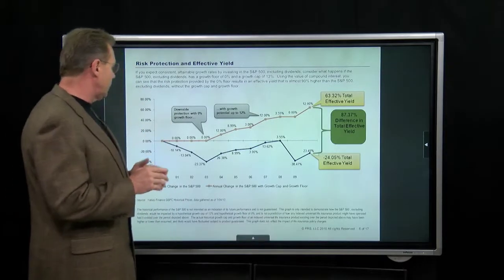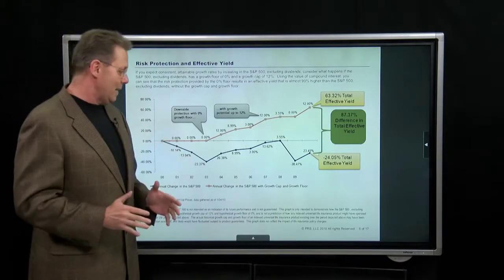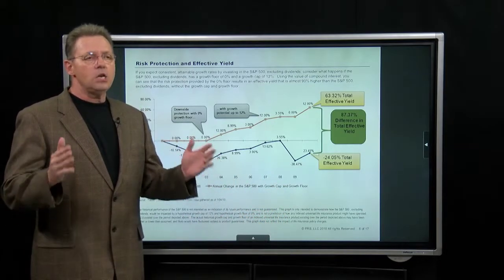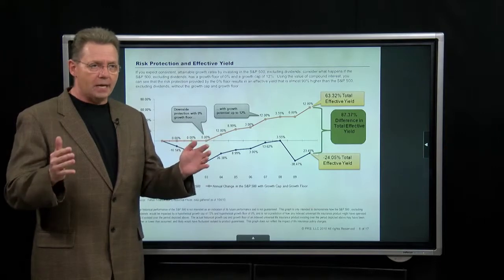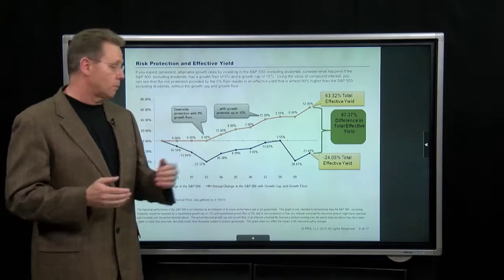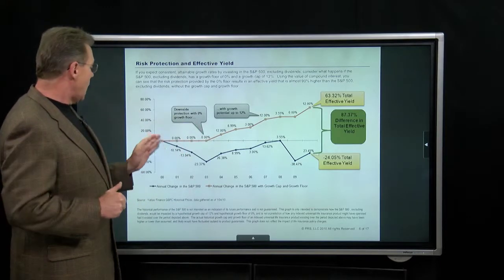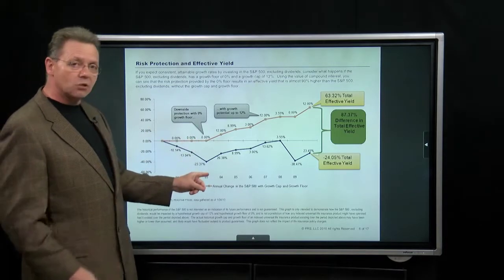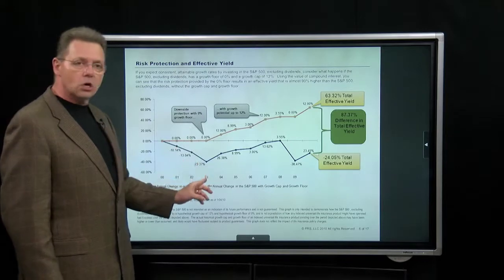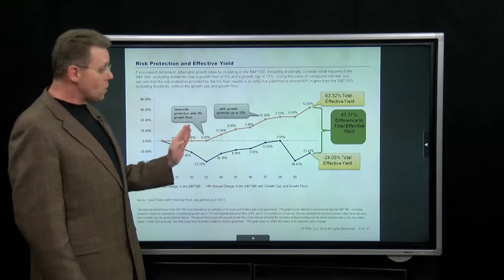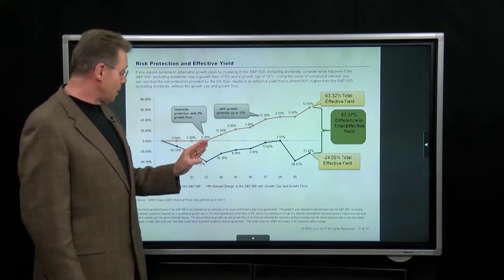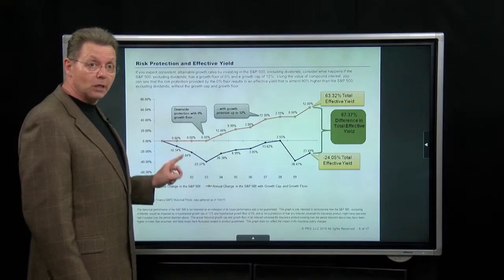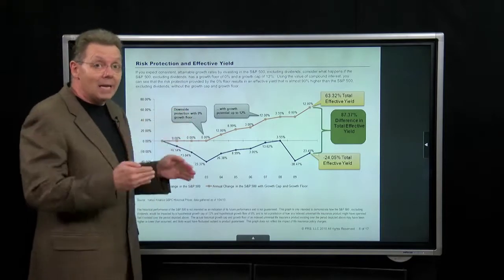I'm looking at this period called the lost decade, from 2000 to 2009. This is 10 years, the worst decade since the Great Depression, before I was even born. I'm looking at every year, and you'll notice that in 2001, 2002, and 2003, we had 3 straight years of losses. If you were in an index contract, remember, you had no negative crediting to actually experience these losses, but you still had expenses.